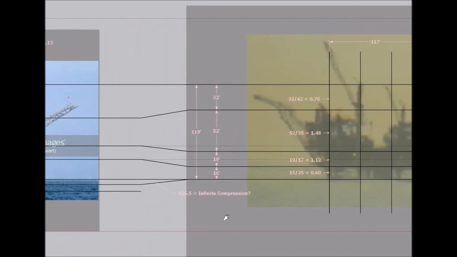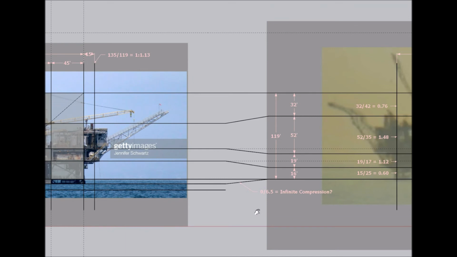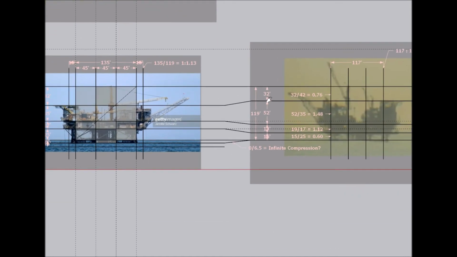So what I chose to do was take from the boat deck to the very top of the crane, and that would be this top horizontal line and this bottom horizontal line, and keep that as a baseline between the two images. I'll zoom out a little bit so you can see them both side by side. So we have the tops of the cranes aligning, and we have the boat decks aligning.